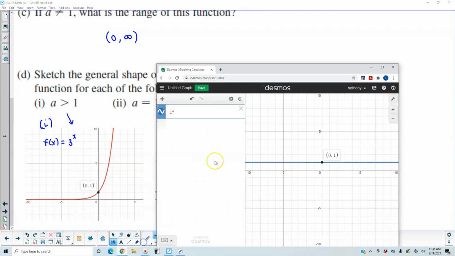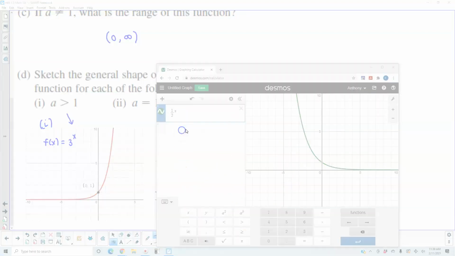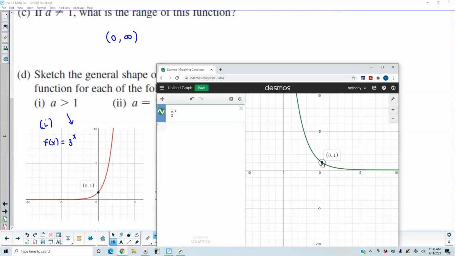So let's see what that looks like. When it's in between 0 and 1, we can say 1/2. So we can write 1/2, and then we can raise that to the x power. So therefore, now we can see what this graph looks like.